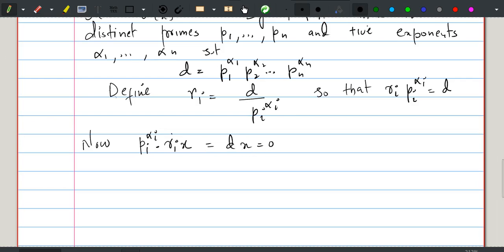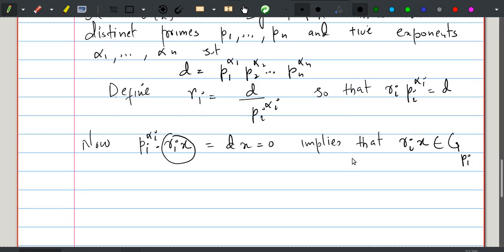So this means that this element r_i x is in the p_i primary component. So this is true for all i.